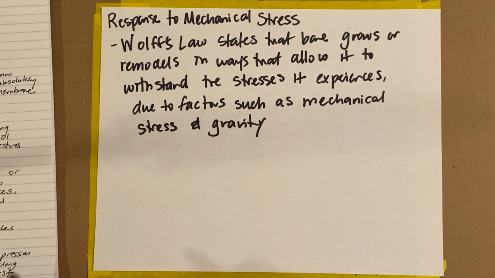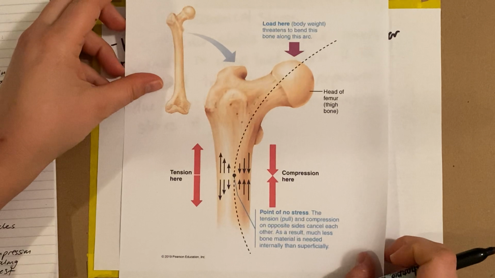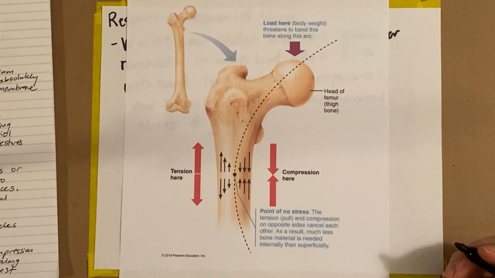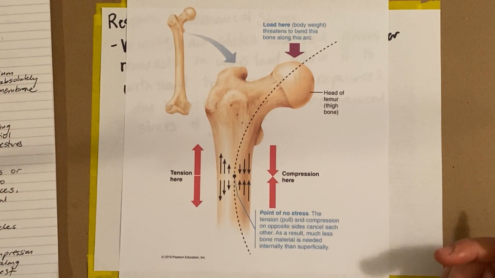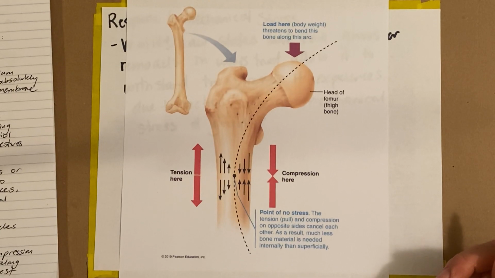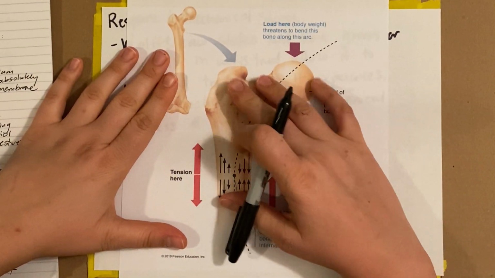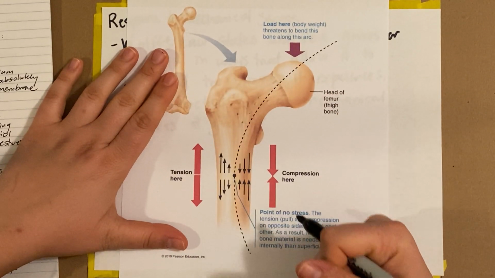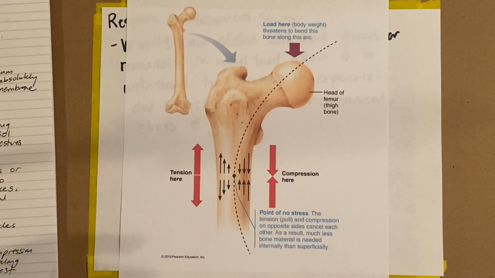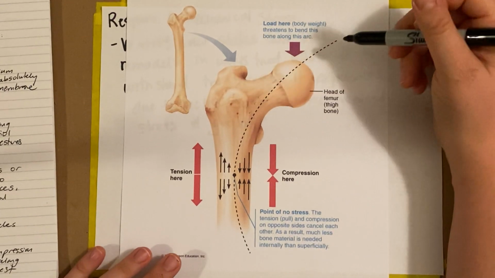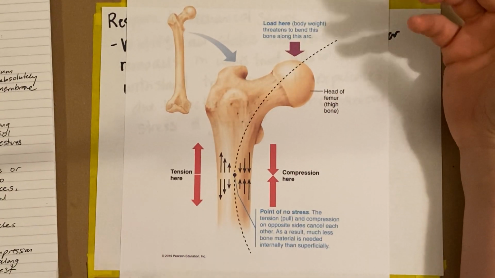Okay, so when we mean stress, we're basically talking about when there is a load put on and weight bearing down on the bone. And it's going to have to do with muscles. Okay, so the muscles will be attached to specific parts of the bone and they will pull on the bone in order to contract. And so what happens is it tends to bend the bone.